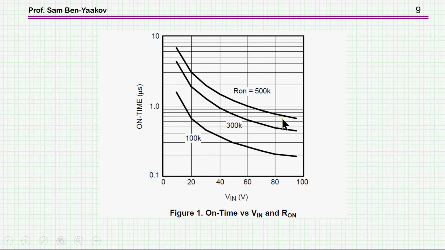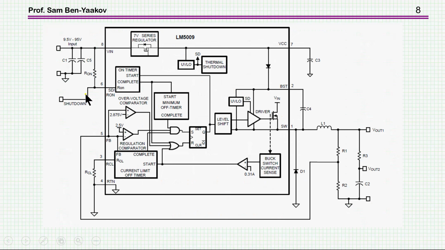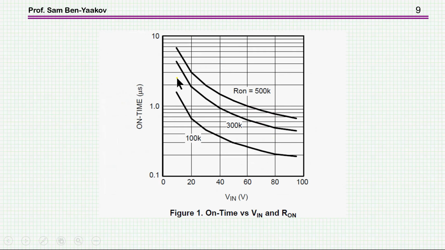That is, you can sort of program it. You can put a certain R on, and this will dictate the relationship between V in and the on time. Now, as I've said, for good relationship, this should be 1 over V in.